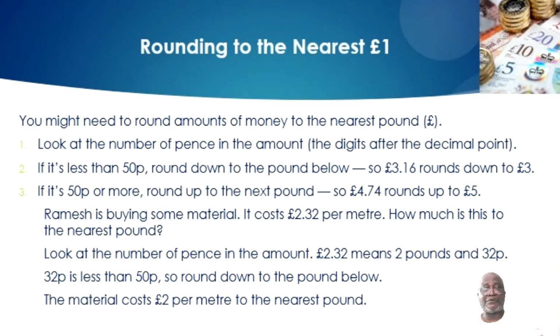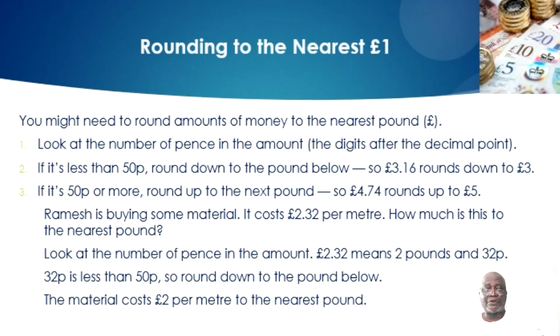If it's less than 50p, round down to the nearest pound below. So £3.16 rounds down to £3 only. If it's 50p or more, round up to the next pound. So £4.74 rounds up to £5.